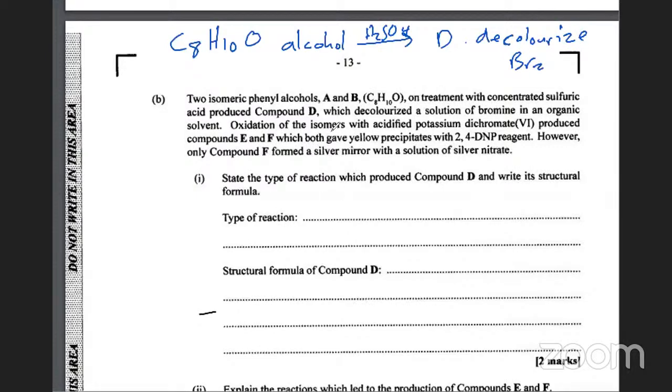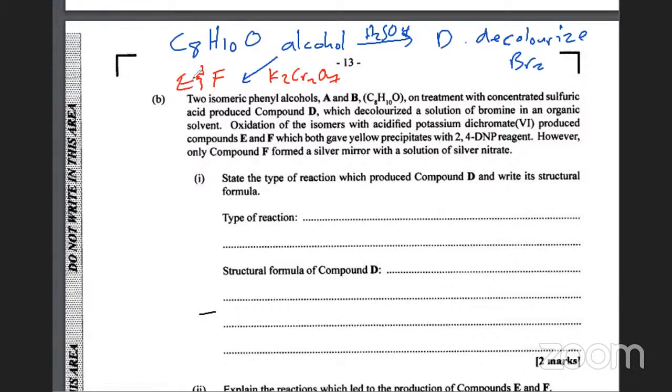Then now, oxidation of the isomers with acidified potassium permanganate produces compounds E and F. When you oxidize the alcohol, you get compounds E and F, which both gave a yellow precipitate with 2,4-DNP.